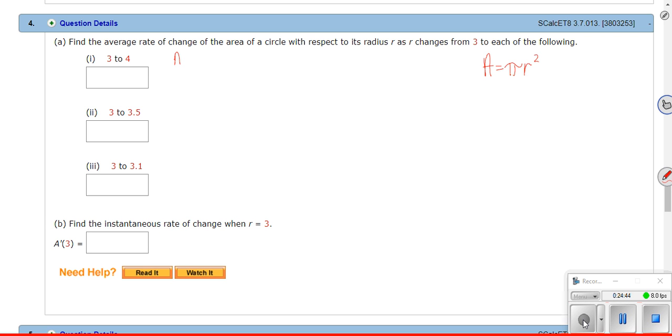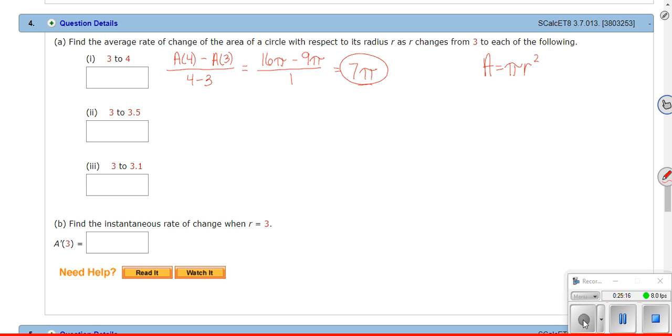This is the area of 4 minus the area with a 3 in it over the difference in actual radiuses, 4 minus 3. So this is pi r squared, which would be 16 pi minus 9 pi, 3 squared pi, over 1, which is 7 pi. That would be my answer on part I in A.